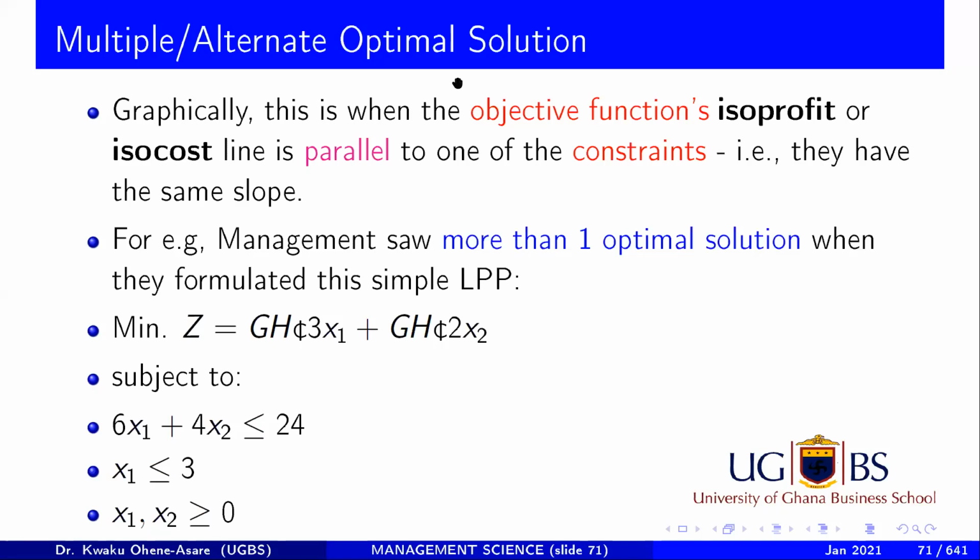So we are going to plot what you see on your screen here. I'm going to create a board, and then we start the writing. All right. Here we have an objective function, which is z equals 3x1 plus 2x2.